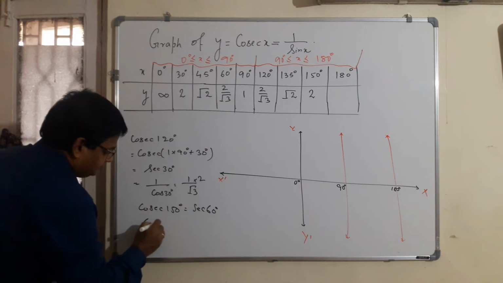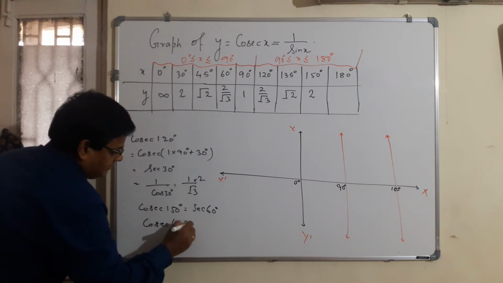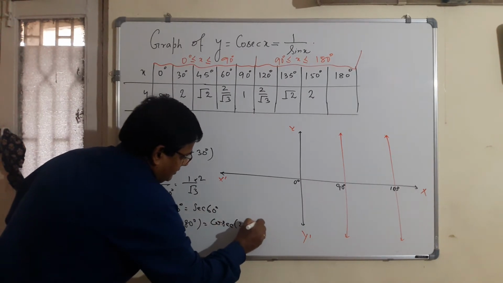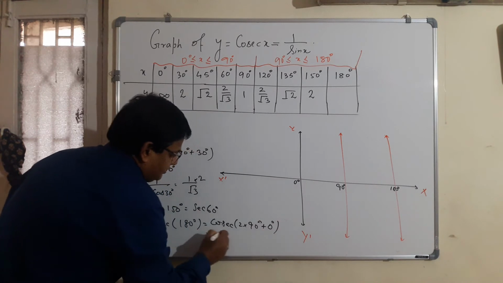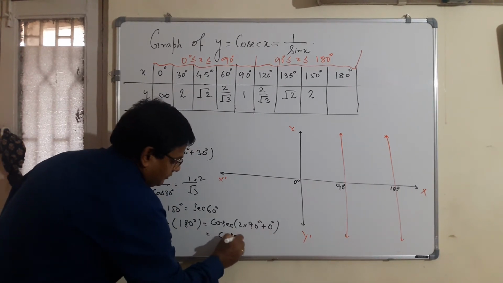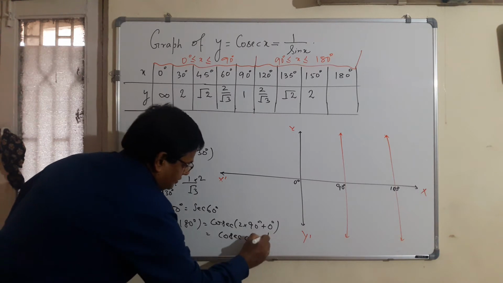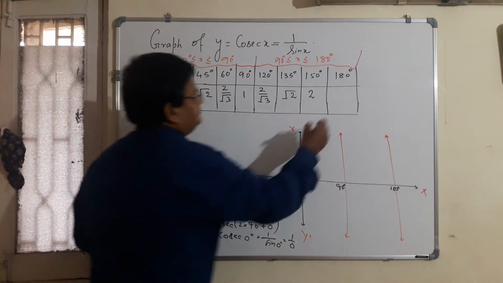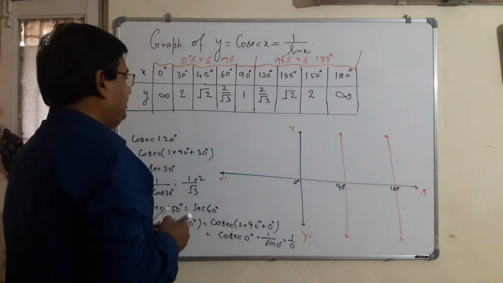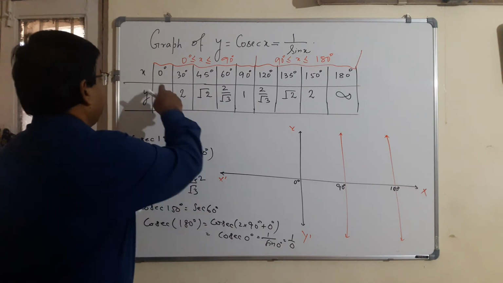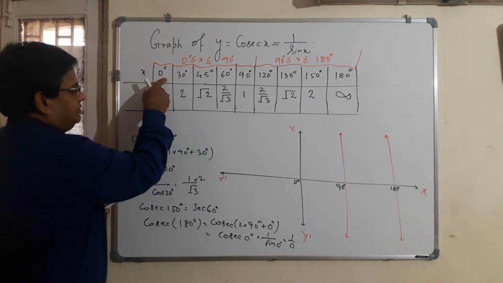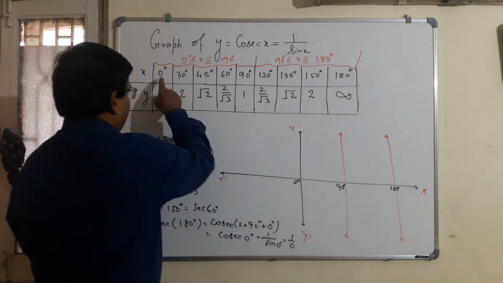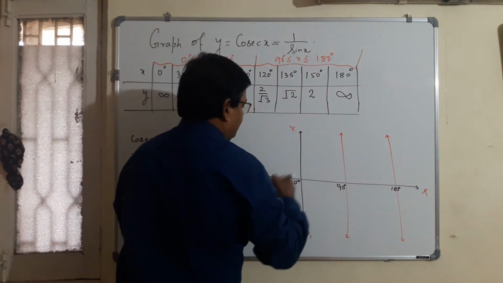Cosec 180 degree means cosec of 2 times 90 plus 0 degree, so no change. Cosec 0 degree is 1 by sine 0 degree, so 1 by 0 is infinity. It means that at 0 degree the value is infinity.